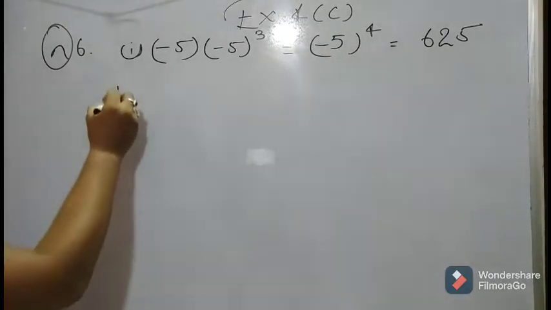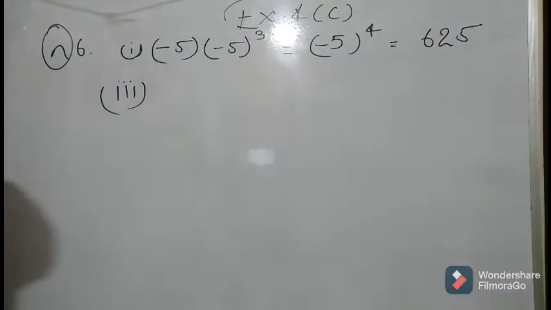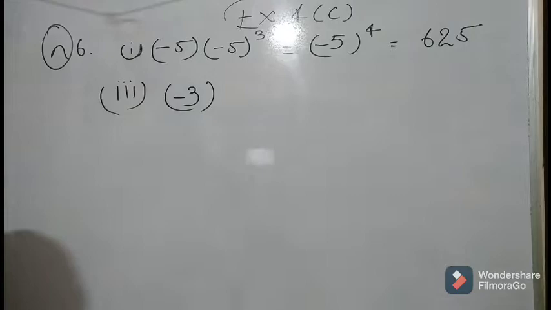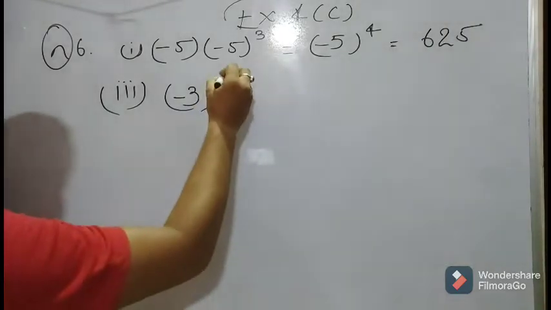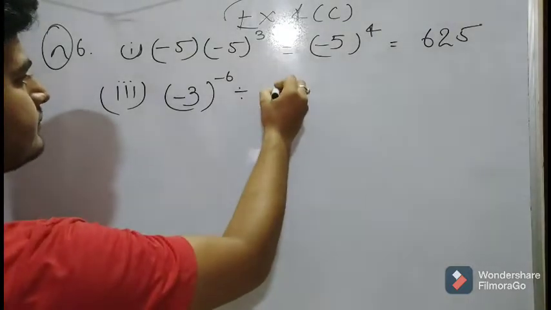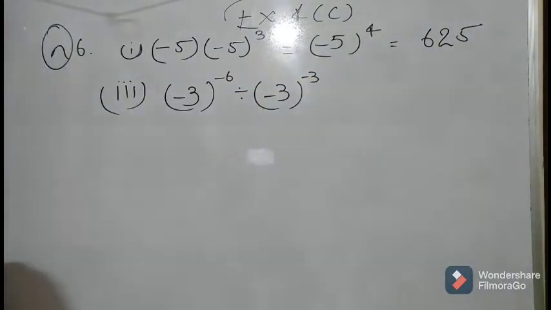Then in the third part, it is saying minus 3 raised to the power minus 6 divided by minus 3 raised to the power minus 3.